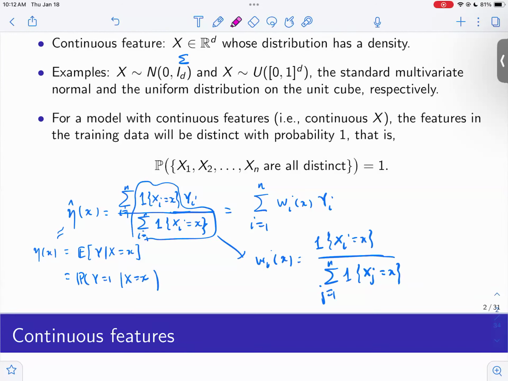So you can write this as an average of the yi's with weights, and these are the weights.